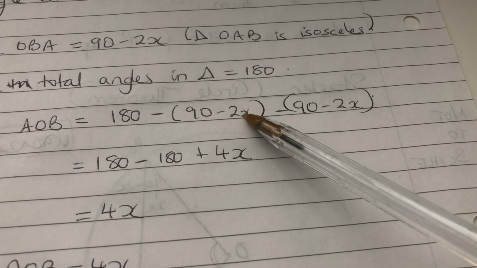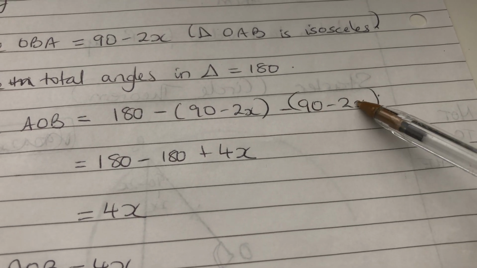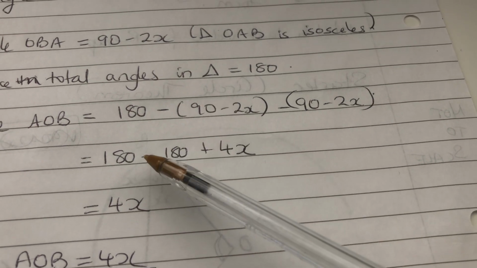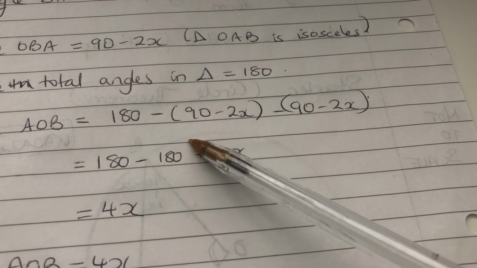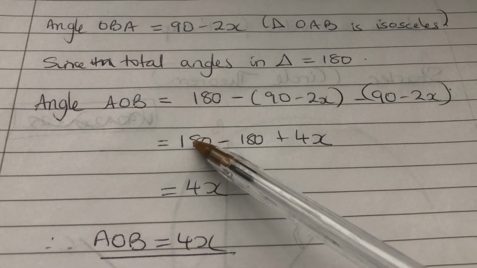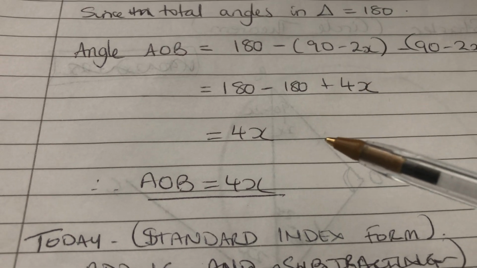Minus 2x plus minus 2x will be plus 4x. Okay, 180 will cancel out. So the angle at O will be 4x. And then we've proved that.